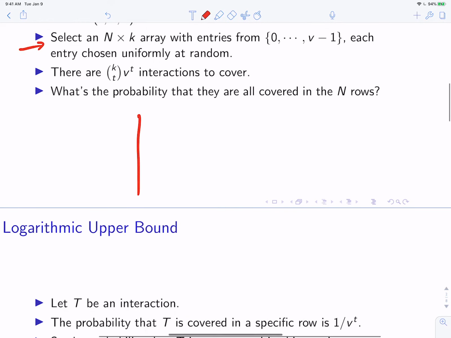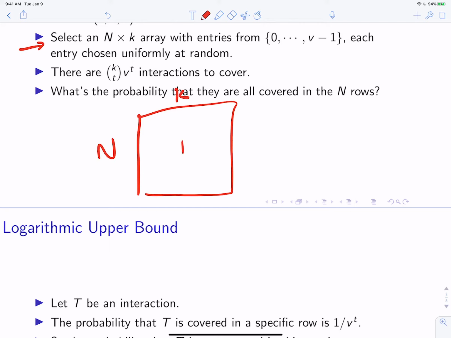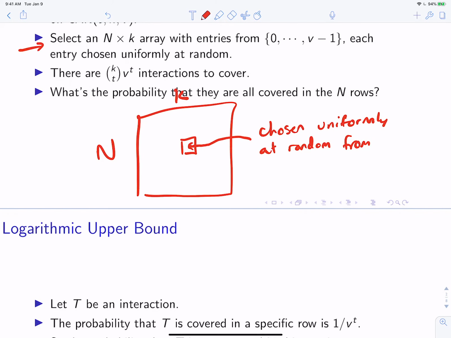So if we have n rows and k columns, and we look at one entry right here, this one is chosen uniformly at random from the set I have here, 0 through v minus 1, but it doesn't actually matter what the values are, of course. I'm just picking some set. We'll never actually use the values themselves. It's just that we're picking things uniformly at random.